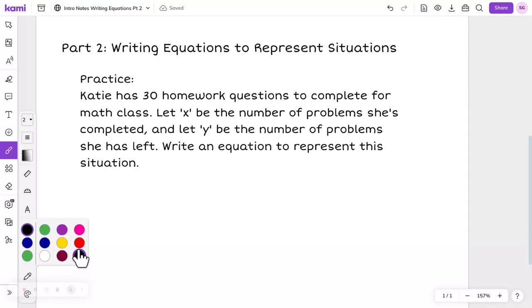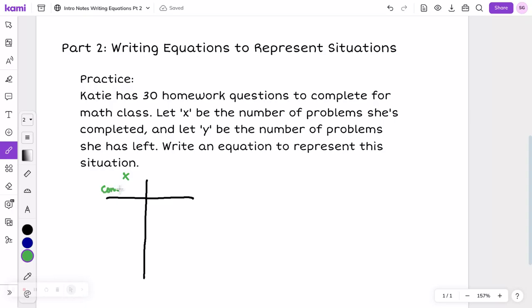Before we try to write an equation, even though the story doesn't tell us to, it can help a lot of students to have a table to look at. So they told us x is going to be the problems she's completed, and y is the problems that are left. We know she has a total of 30 questions to do.